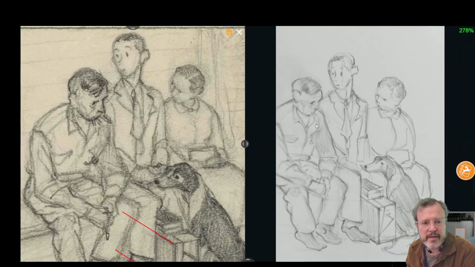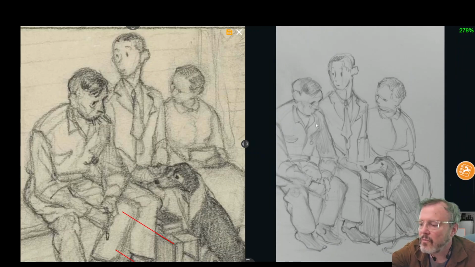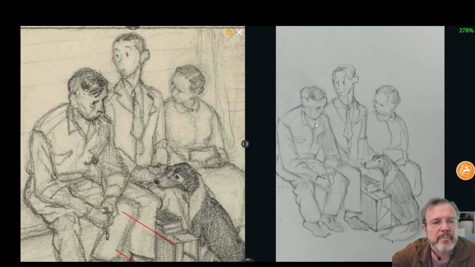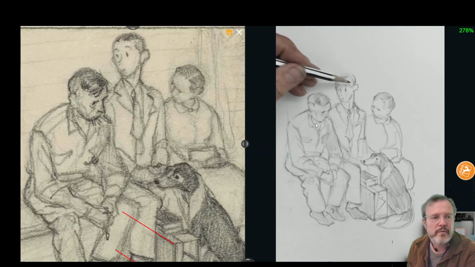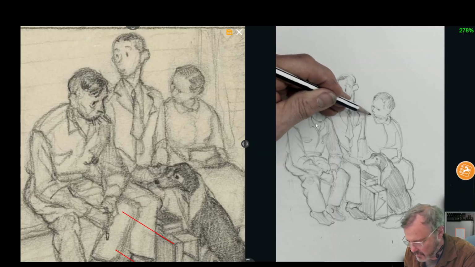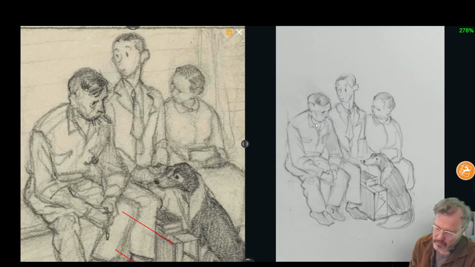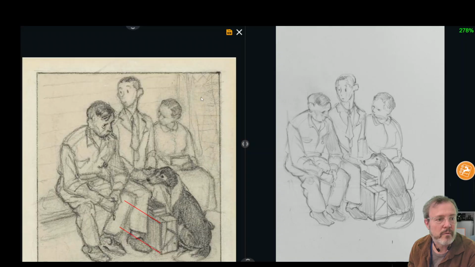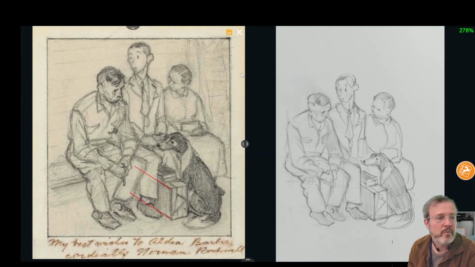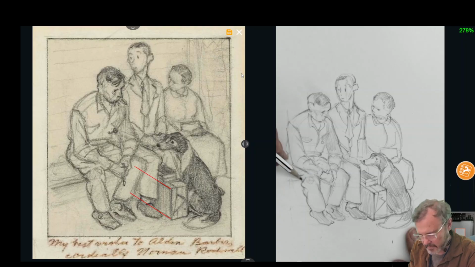Okay, I'm going to back out now, and the last details I'm going to add are some of the structural details of the seat that they're on. So Dad's on a bench.